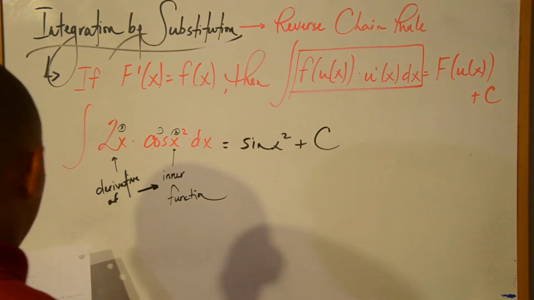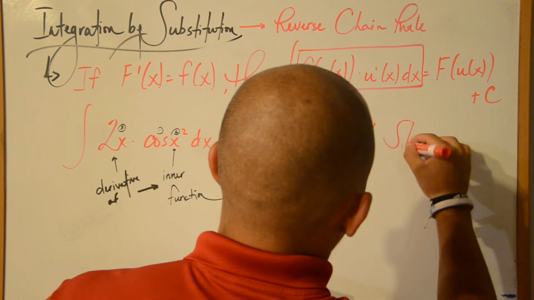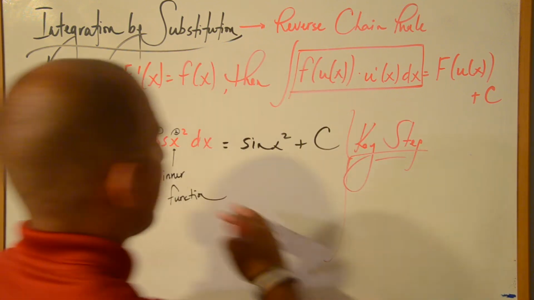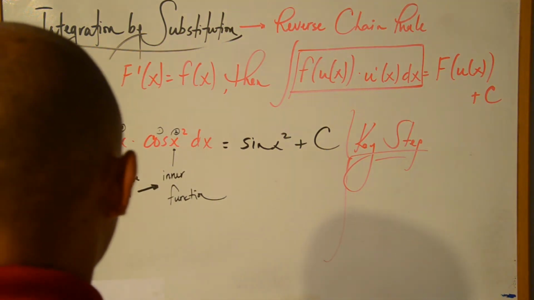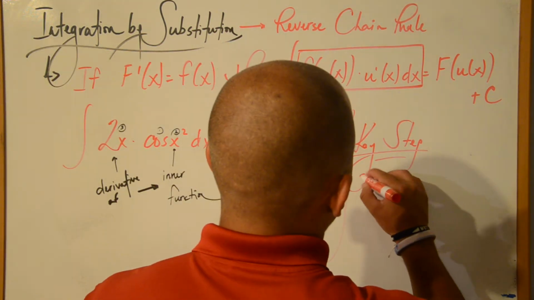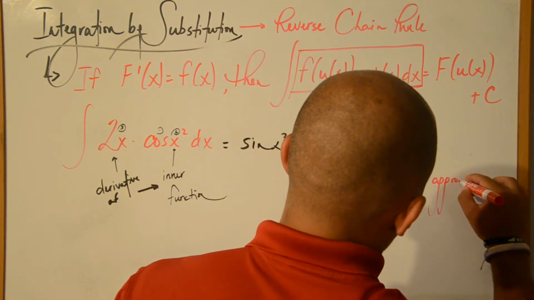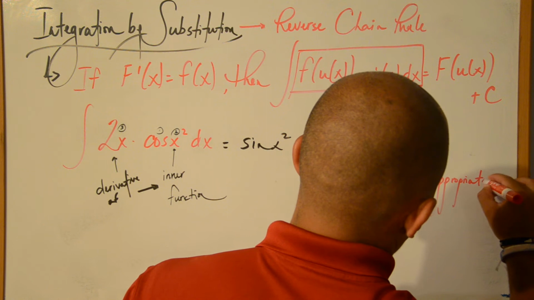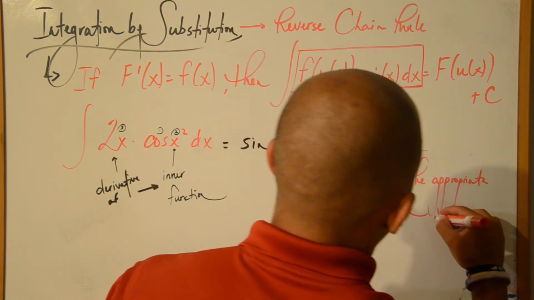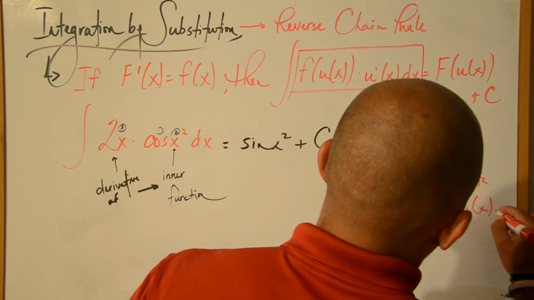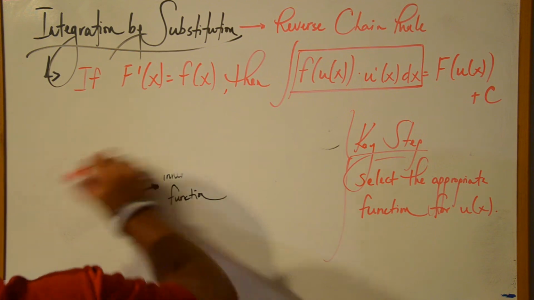So typically, what we do, and this is once again a contrived example that's supposed to work out very neatly, is select the appropriate function for u of x. And what do I mean by that? I mean this.